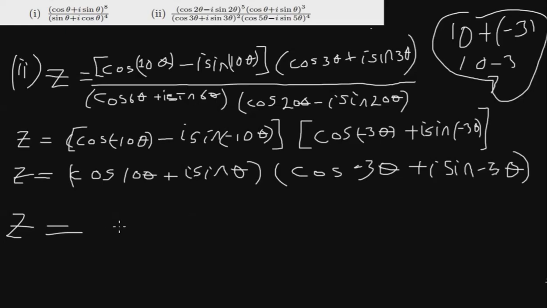So we're going to have cos 7 theta, and then plus i. Same applies here. I forgot to write a 10 there, sorry. So plus i, 10 minus 3 theta, we're going to have sine 7 theta as well. Sine 7 theta, like that.